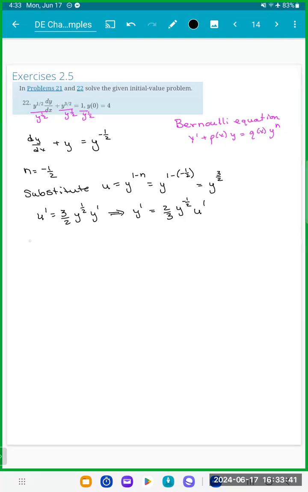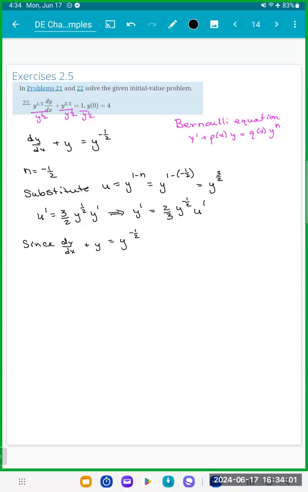And so since dy dx plus y equals y to the negative 1/2, we can divide everything.